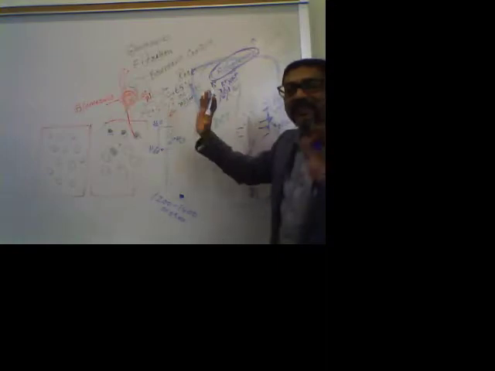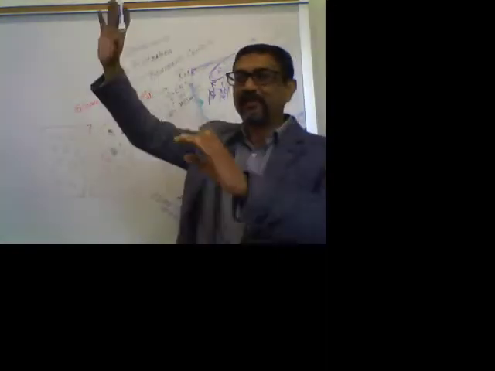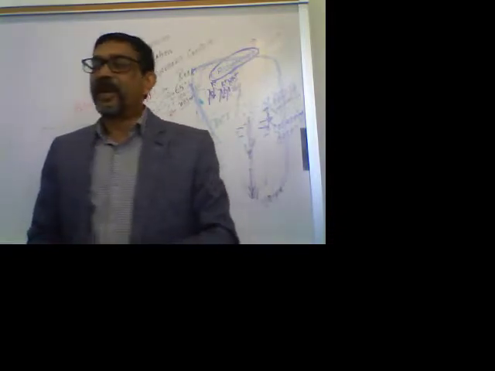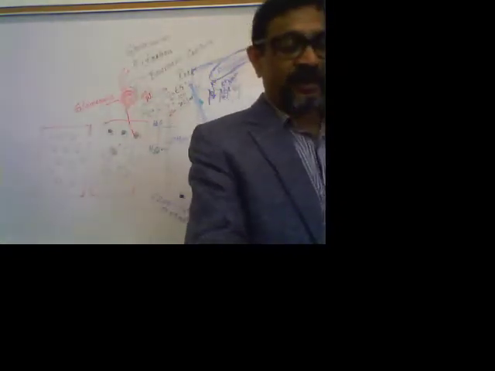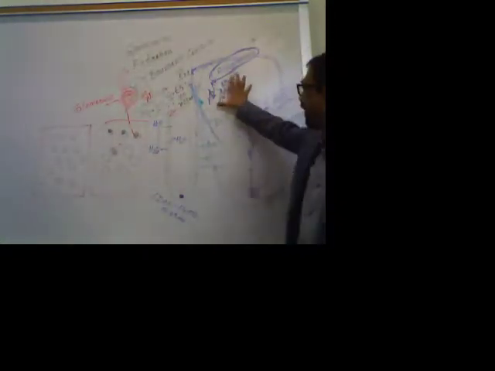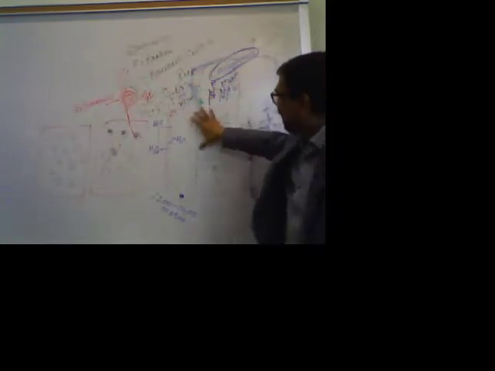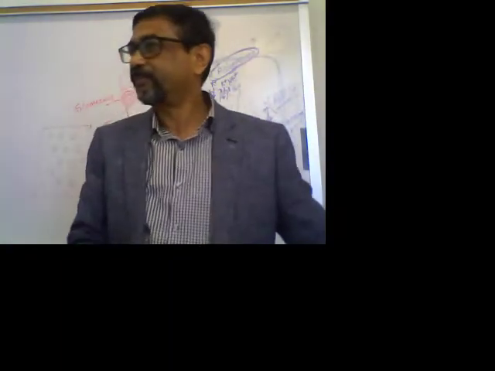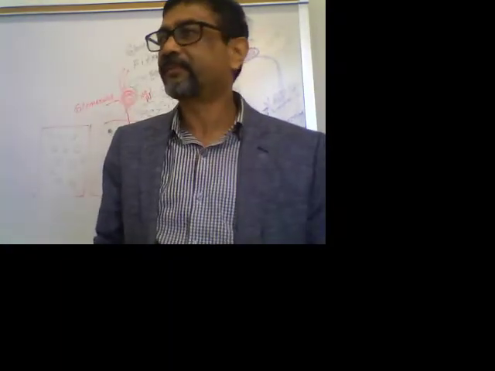Because this part is fixed. It will happen more or less same amount. Okay, no hormone, no regulation. But regulation of volume and concentration is controlled in this part, hormone sensitive part, the last part of the nephron.